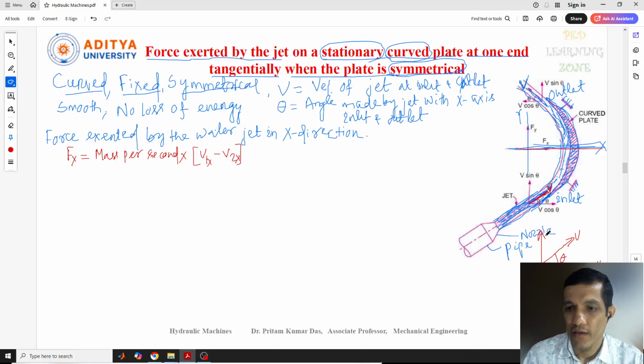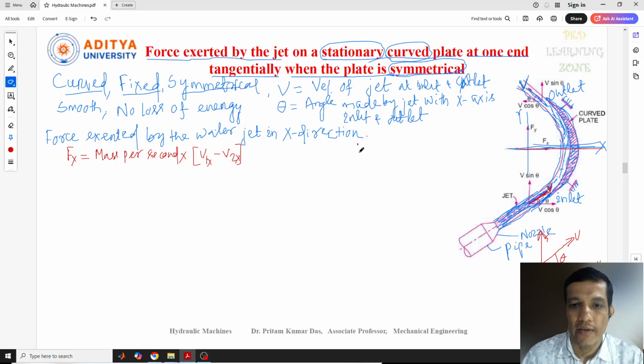With respect to the x-axis, the velocity will be v cos theta. So this is v1x, the velocity at inlet condition with respect to the x-axis.